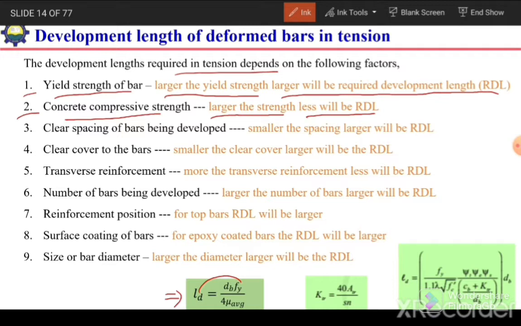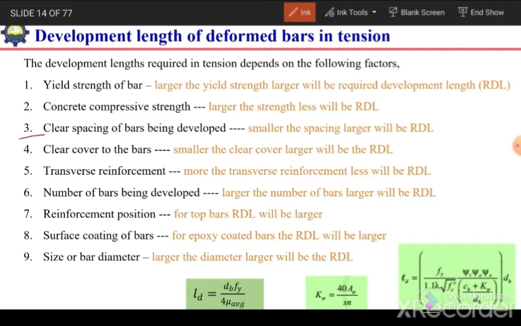As a result, the splitting cracks will be delayed, as we have seen in case of bond stress that we discussed in the previous video, and as a result the bond strength will improve. When the bond strength improves, the required development length will be reduced. When this mu is high, the average bond strength is high, and the required development length will be reduced.